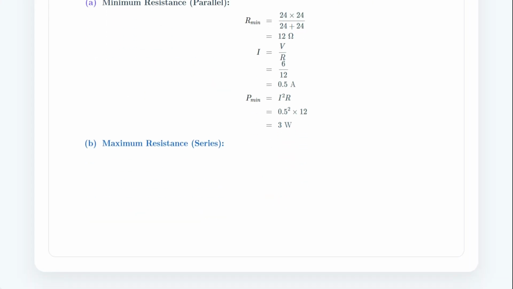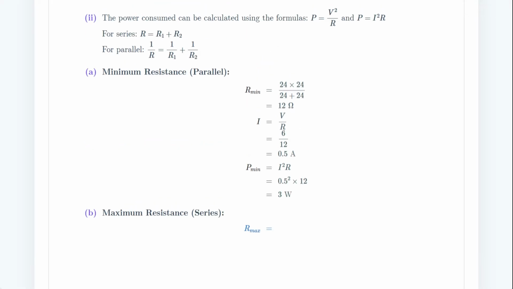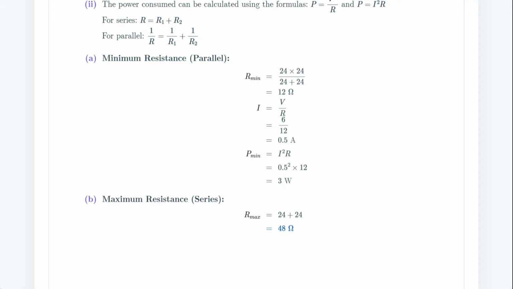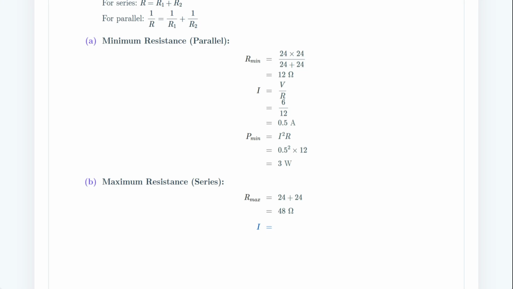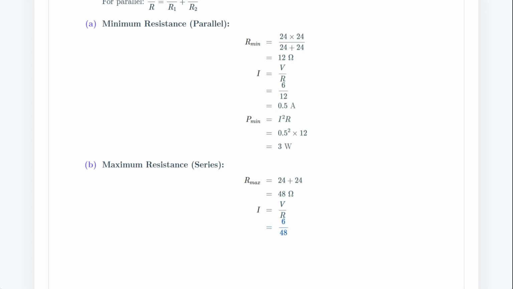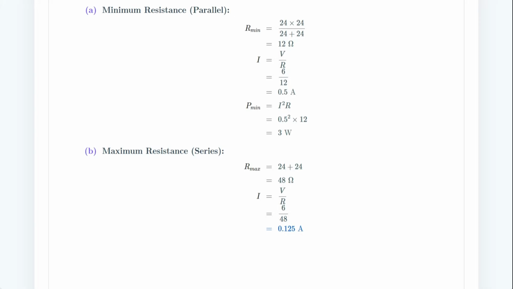To get maximum resistance, we connect them in series. R max equals 24 plus 24, which is 48 ohms. The current I equals V over R, which is 6 divided by 48, giving 0.125 amperes.